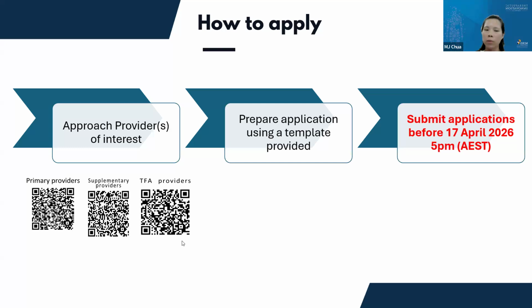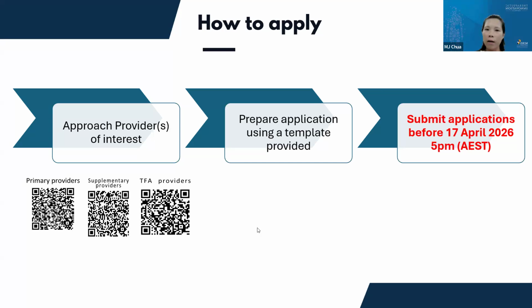Discuss your project needs with the provider or providers so they can help you to understand what services are available, what's feasible, and what fits within the scope of the voucher. They can guide you in shaping your application so that it aligns with our voucher requirements. Once you've had this discussion with the providers, you can start preparing your application using a template provided.